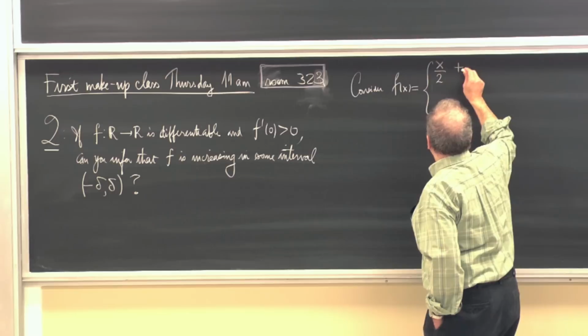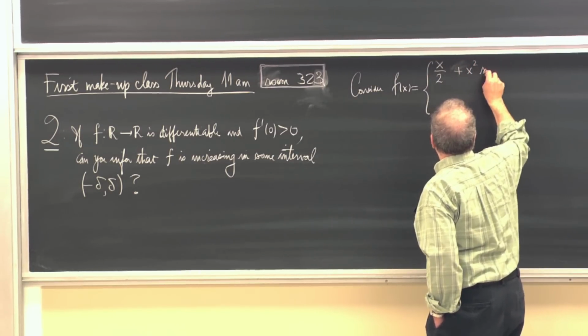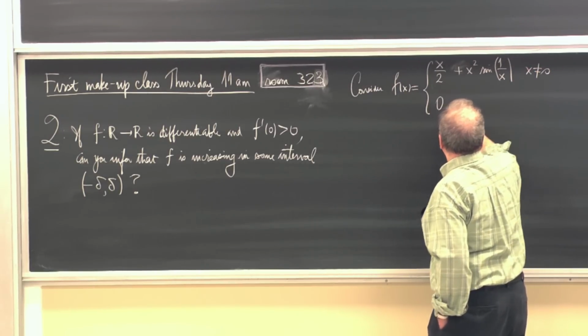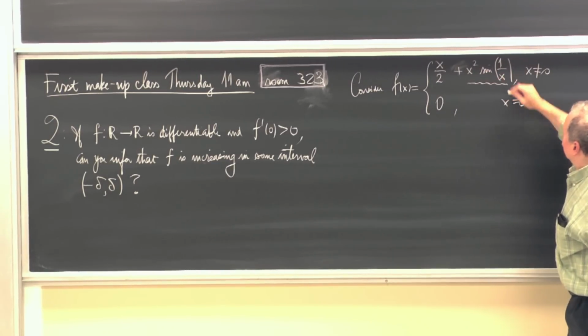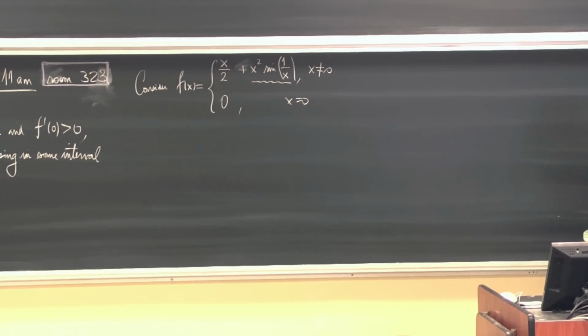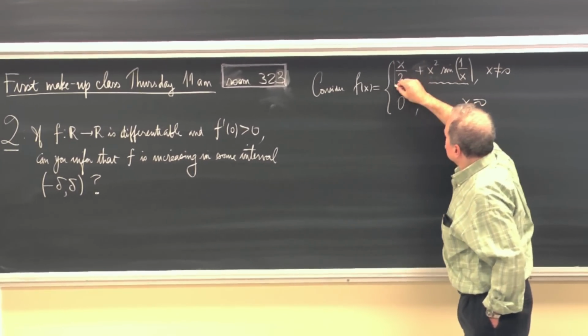It's slightly modified. So you take our bizarre function that oscillates a lot, but damps down by x squared, and then you add x over 2 to it.